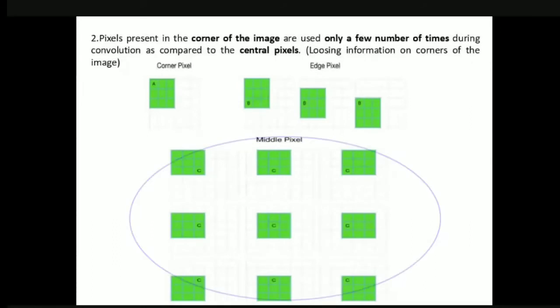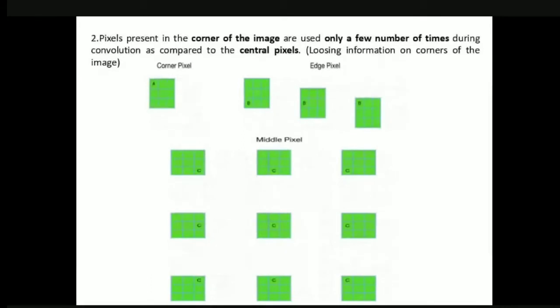What do we observe by this? If a pixel is in the corner, it is not included as many times when compared to the edge pixel, and the edge pixel is included fewer times when compared to the middle pixels. But what happens if we do not include this corner pixel or edge pixel while doing the convolution operation?